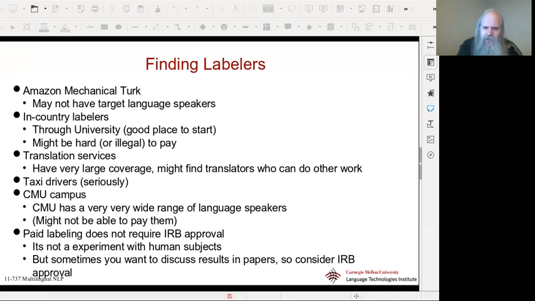Be aware that you can still discuss results and comparisons of your labelers, but there is a boundary there that you have to be aware that you could be crossing when you start actually doing human subject experimentation. And so maybe you do need approval, okay?